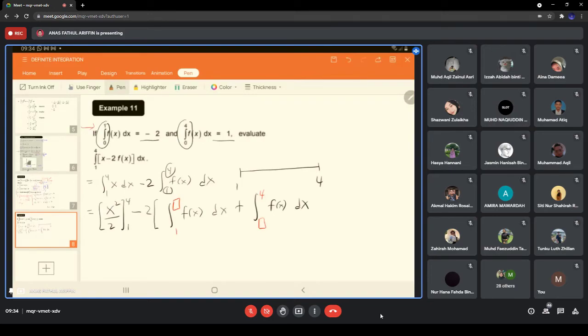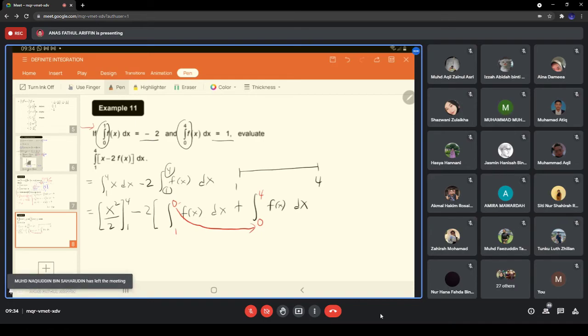Given kita ada 0 1 and 0 4. So that means kita kena pakai 1 to 0 and then 0 to 4. Dia akan turun balik. Kalau sini pergi ke 1, 1 pergi ke 0 and then 0 kena turun ke bawah balik. Faham?